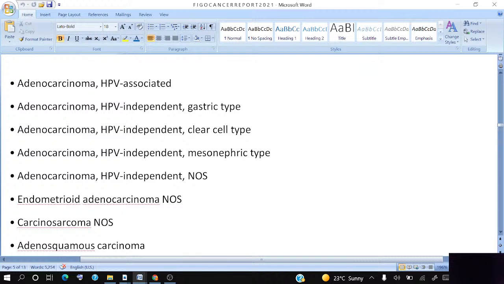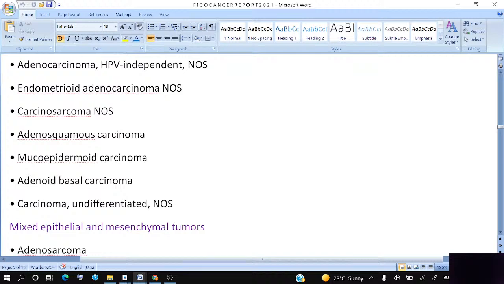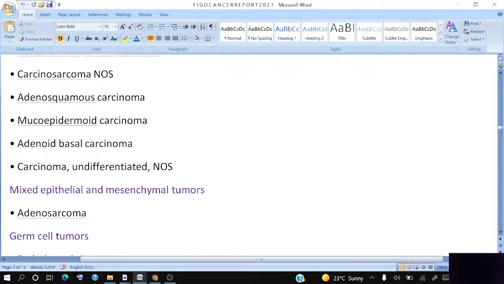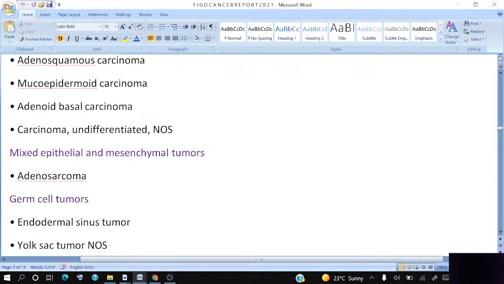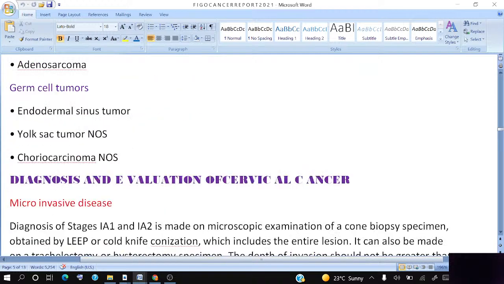This has many subtypes: adenocarcinoma HPV independent mesonephric type, adenocarcinoma HPV independent NOS, endometrioid adenocarcinoma NOS, and carcinoma NOS, squamous carcinoma, mucoepidermoid carcinoma, adenoid basal carcinoma, and carcinoma undifferentiated NOS. Then there are mixed epithelial and mesenchymal tumors like adenosarcoma, and germ cell tumors such as endodermal sinus tumor, yolk sac tumor NOS, and choriocarcinoma NOS.